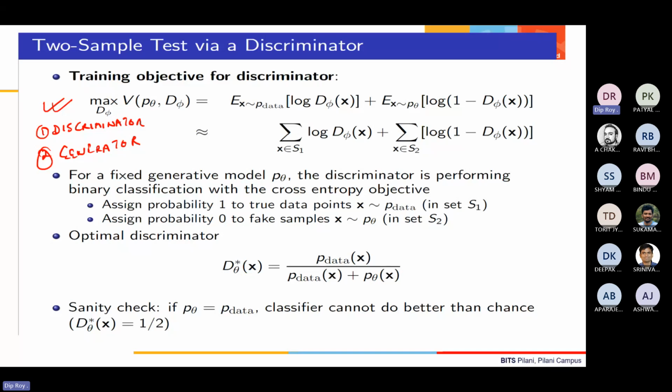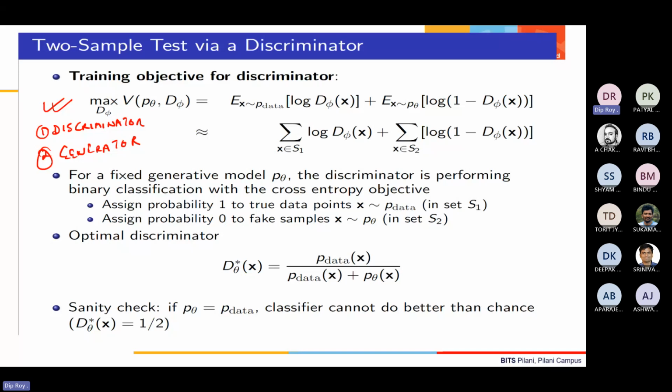gives it to the discriminator. And the discriminator says that this sample is different from the true data distribution. So the goal of the generator is to fool the discriminator. And the goal of the discriminator is to tell the generator that the samples are not matching.